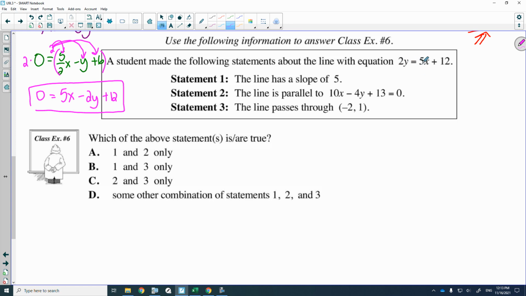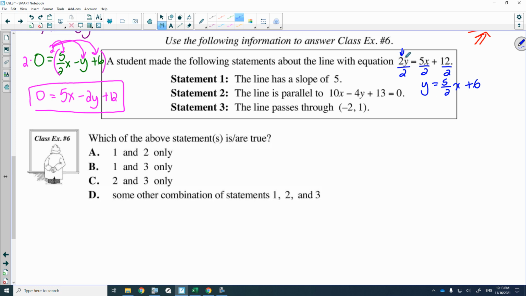Is this in y is equal to mx plus b? It's not, because of that 2. You got to get rid of the 2. So divide that by 2 and each of these by 2. What you will get is y is equal to 5 over 2x plus 6.